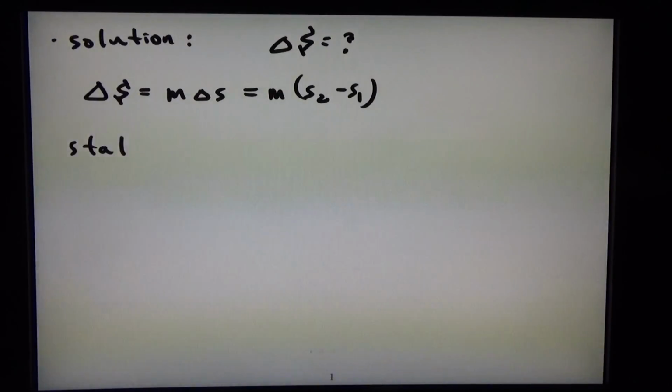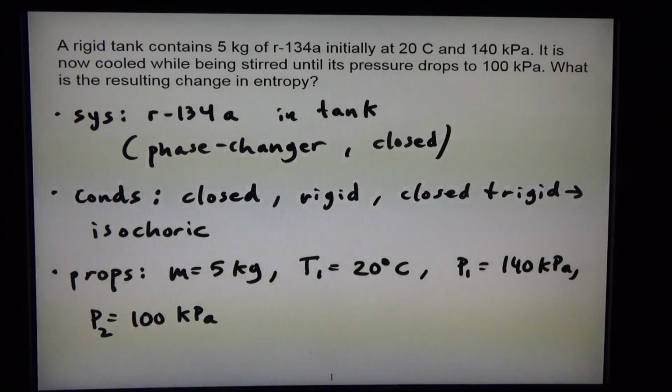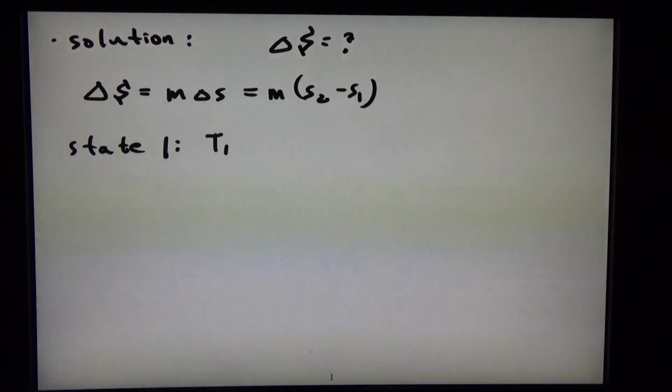First of all, state 1. At state 1, we know the temperature and pressure. So what we need to do for the phase change substance is to determine the phase, first of all.